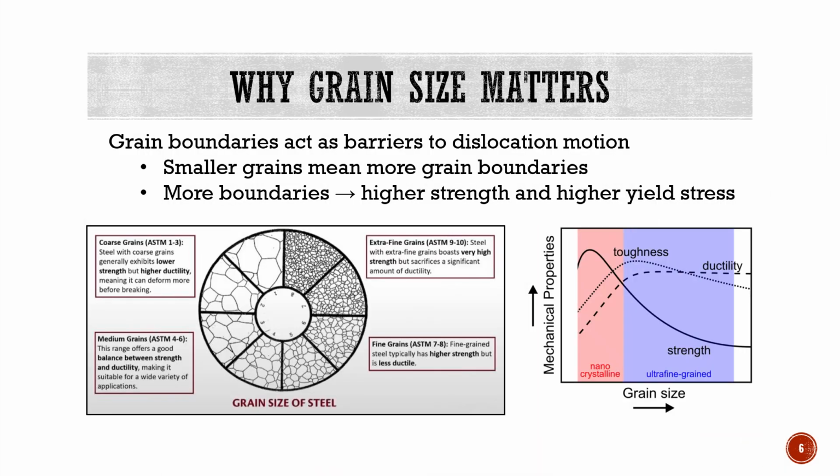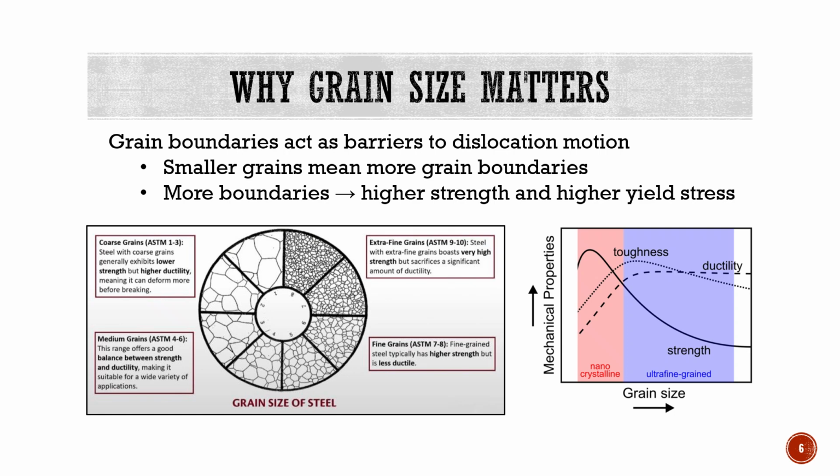Grain boundaries act as barriers to dislocation motion. As shown in the image, smaller grains create more grain boundaries within the same volume of material. When dislocations move and encounter these boundaries, their motion is slowed down or completely blocked. In materials with large grains, dislocations can travel long distances without interruptions.